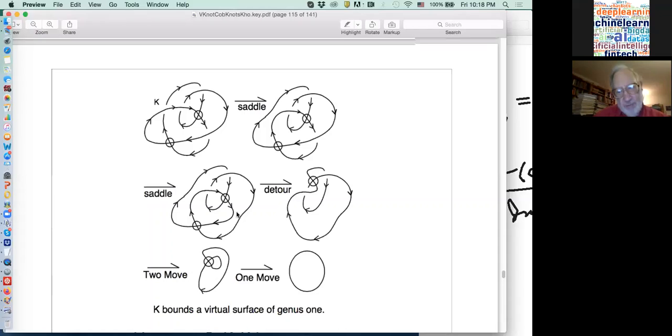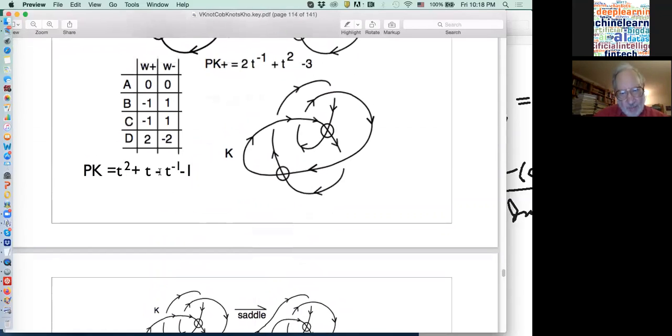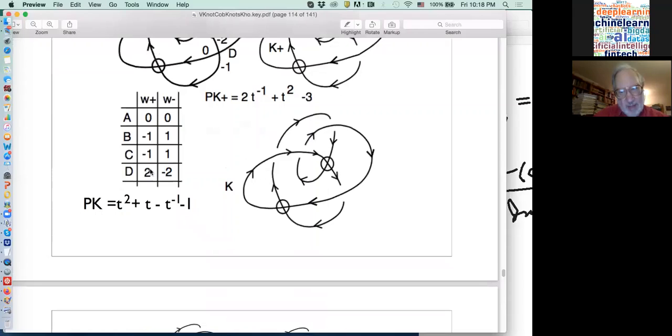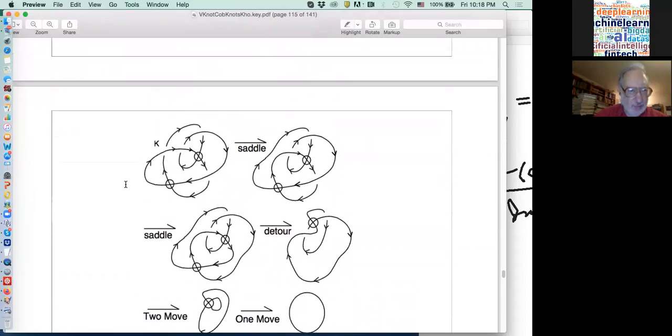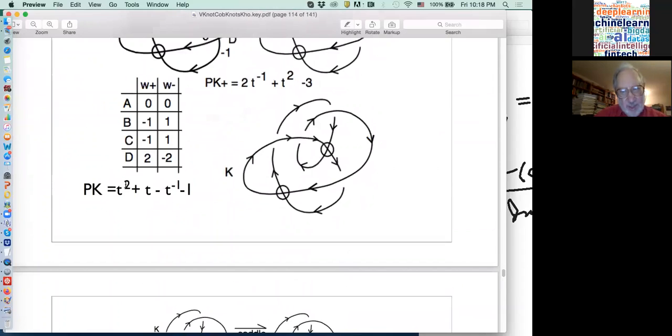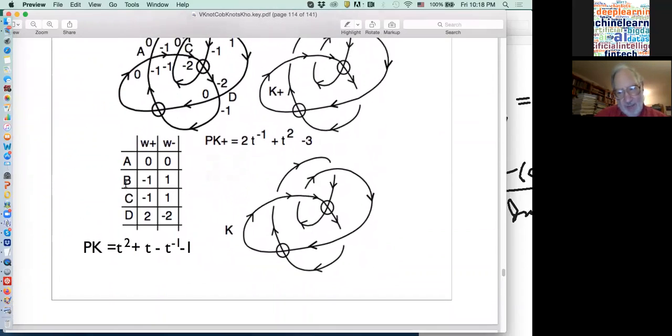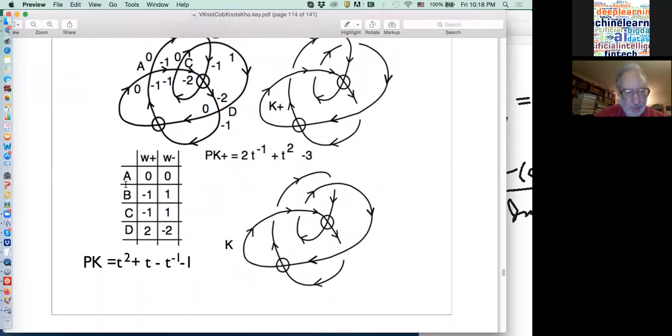But now I've proved something because I know, pardon the sign error, that our K has a non-trivial affine index polynomial, and therefore it can't be of genus 0. And therefore, having shown that it's of genus 1, it is of genus 1. This is going beyond the kind of thing that I could do with the general theorem using Khovanov homology.